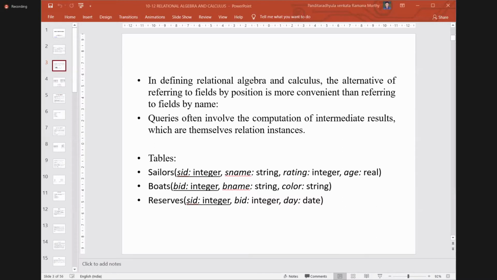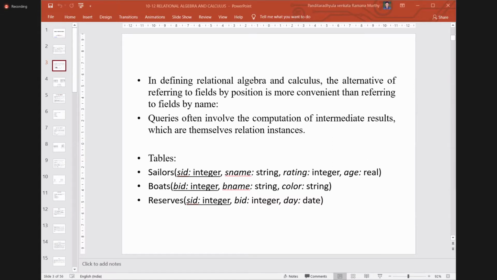Clear? Only thing is, they generally work on intermediate relation instances. What is the meaning of instance? Data at a particular time, or an operation at a particular time, right.